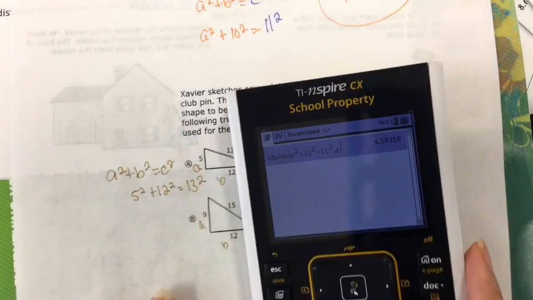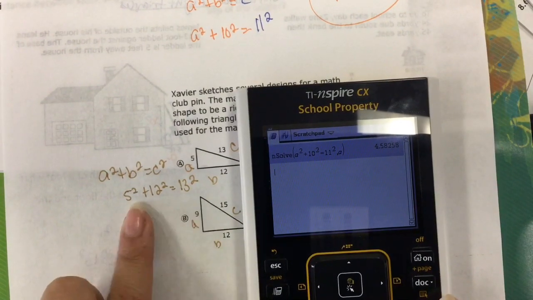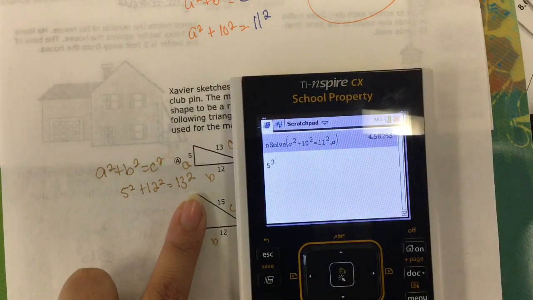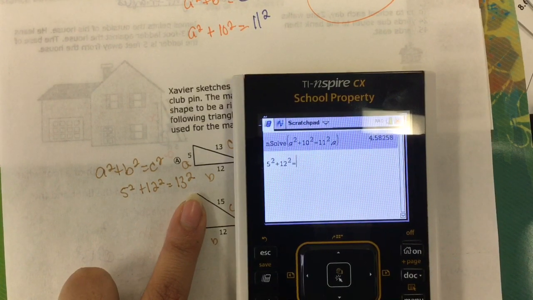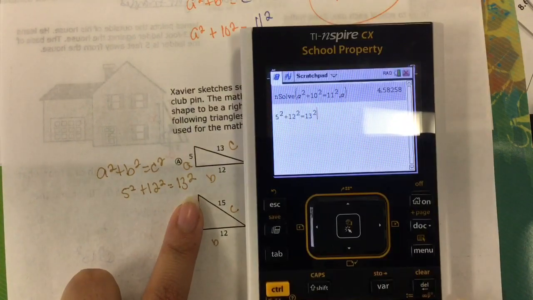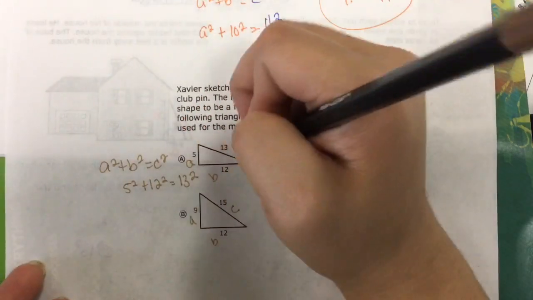When we type that into our calculator, we're not going to type this into NSolve because we don't have any variable that we're solving for. We're just going to type it straight like that. 5 squared plus 12 squared equals 13 squared. Remember our equals button is right here under the control. Click enter. True. So this one does make a right triangle.